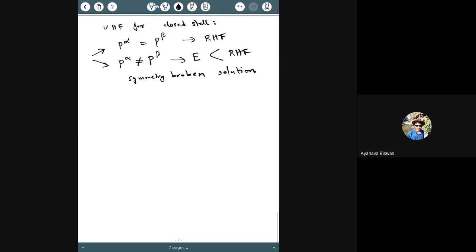Now, in a usual sense, from the name itself, you can see this is probably a wrong solution in a way. But it has its uses, especially when you're doing dissociation surfaces. When you're dissociating a closed shell species into open shell species, you need to be able to describe both the open shell and the closed shell species equally well to get a smooth surface.